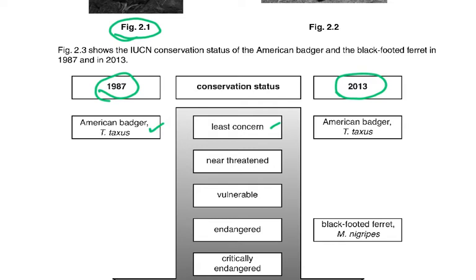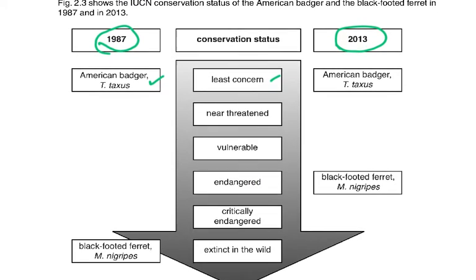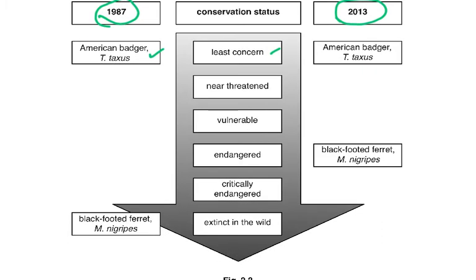Now after that is near threatened, vulnerable, endangered, critically endangered. We have all these different categories. But the ferret is now extinct in the wild. And the black-footed ferret here was endangered at this time.